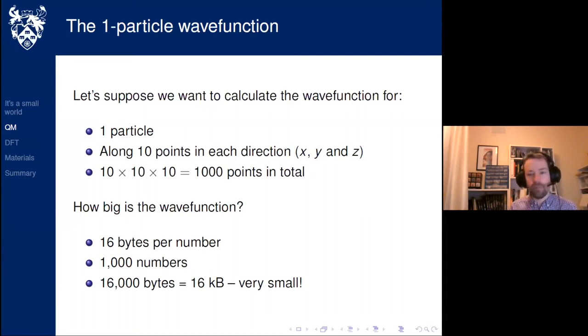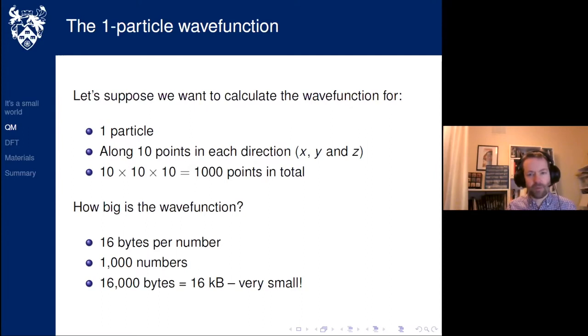So 1,000 numbers, 16 bytes per number, I have 16,000 bytes. So approximately 16 kilobytes. It's a very, very small amount of storage. Your phone may well have that much storage. If you have a smartwatch, it probably has that much storage. Depending on exactly what you have at home, your washing machine might have more than that storage.